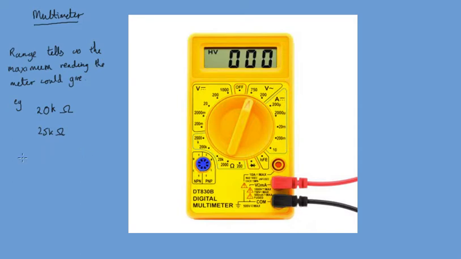You always select the highest range for the most accurate reading. So again, if we had our 20 kilo ohm, which is here, and you went here, you wouldn't get a very accurate reading.